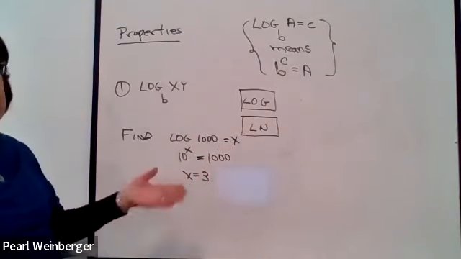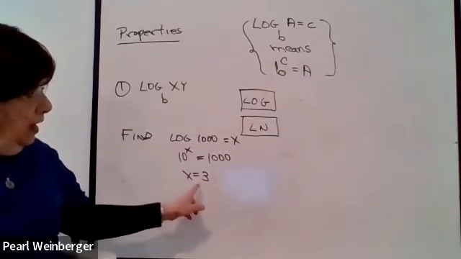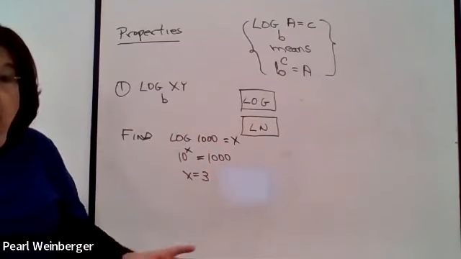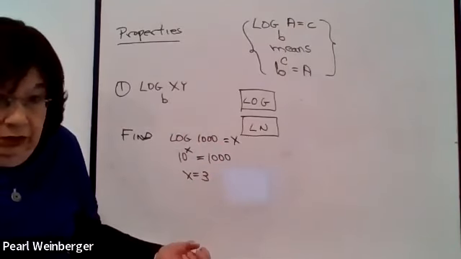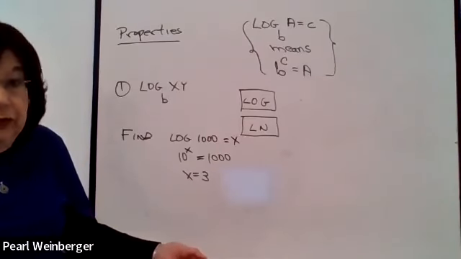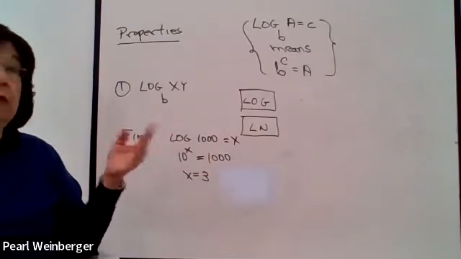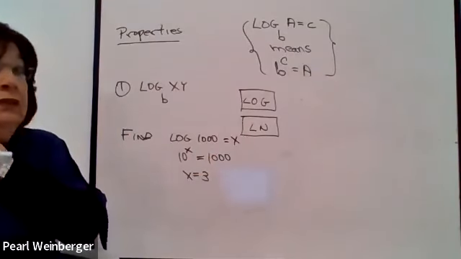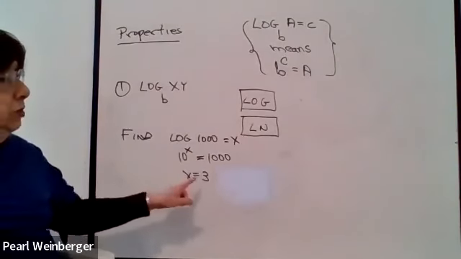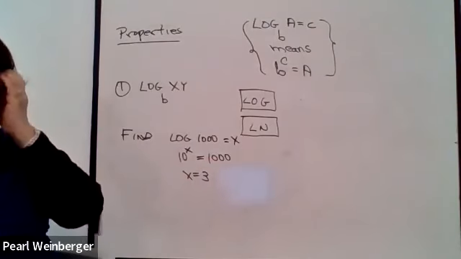And that's the beauty of using tens, because the exponent is equal to how many zeros there are. 10 squared, 10 to the 2, is 100, 2 zeros. 10 to the third is 1,000, 3 zeros. 10 to the sixth is 1,000,000, which is 6 zeros. So the number of zeros in the number is equal to the exponent.